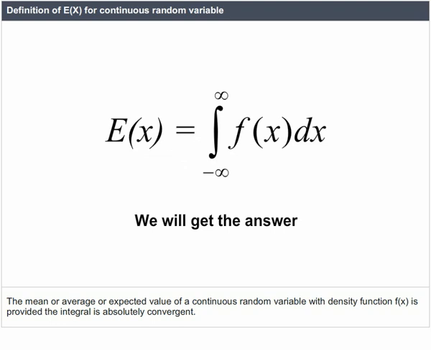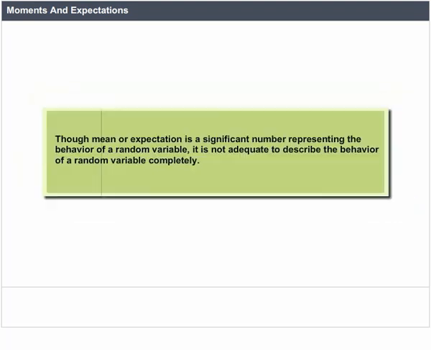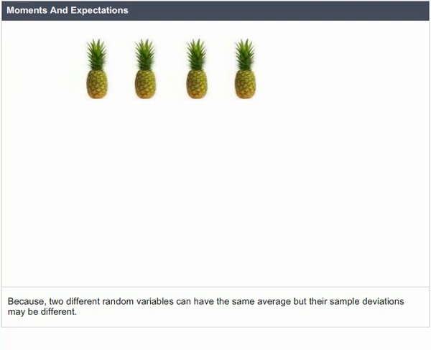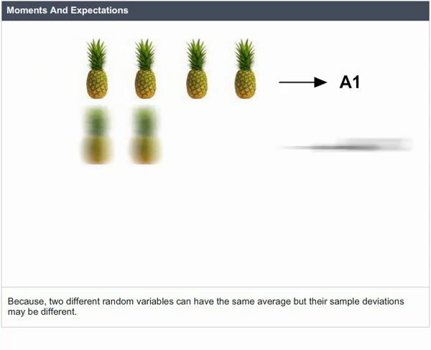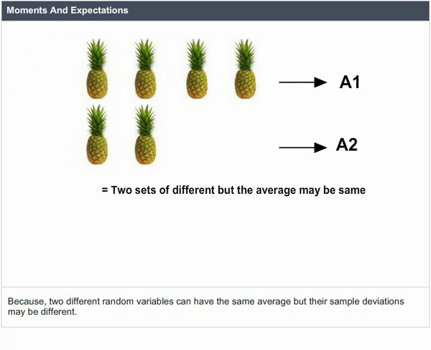Moments and expectations. Though the mean or expectation is a significant number representing the behavior of a random variable, it is not adequate to describe the behavior of a random variable completely, because two different random variables can have the same average but the sample deviations may be different. A1, A2 are two different sets but the average may be the same.